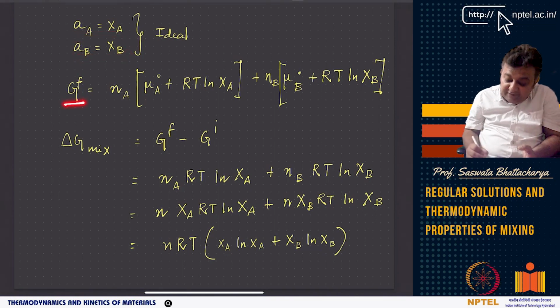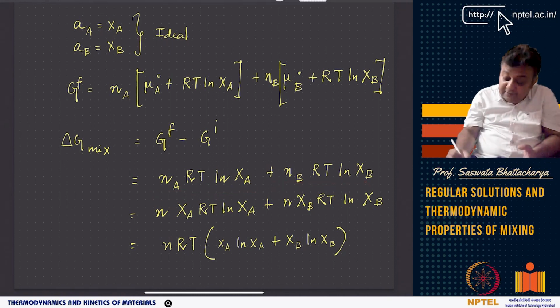Now, G final is Na mu A, and instead of mu A, I am writing mu A 0 plus RT ln XA, and Nb times mu B 0 plus RT ln XB. Delta G mix is nothing but G final minus G initial, the free energy of the final configuration minus the free energy of the initial configuration, which comes out to be Na RT ln XA plus Nb RT ln XB.